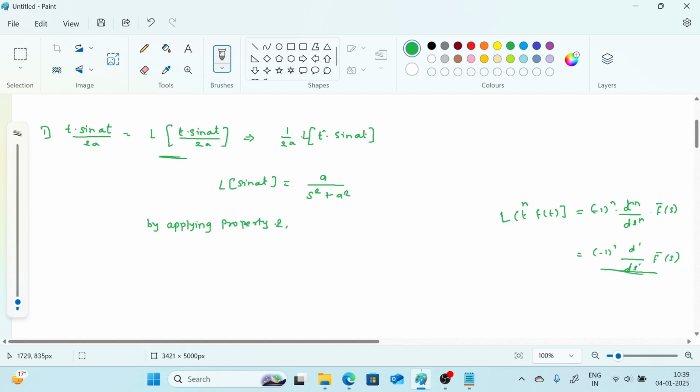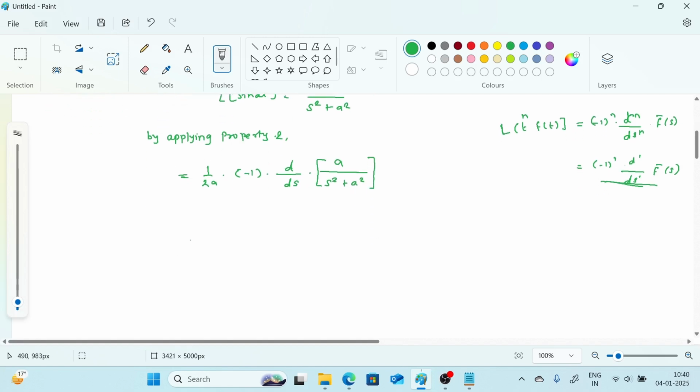So you have to apply this formula here. Now we get 1 upon 2a, it's a constant, into minus 1 by property 2. What is property 2? Minus 1 d by ds of a upon s square plus a square.